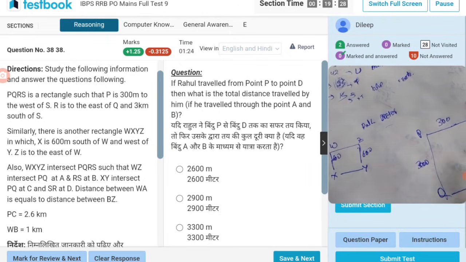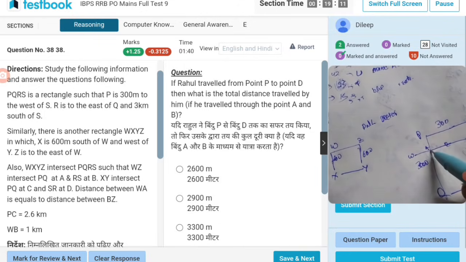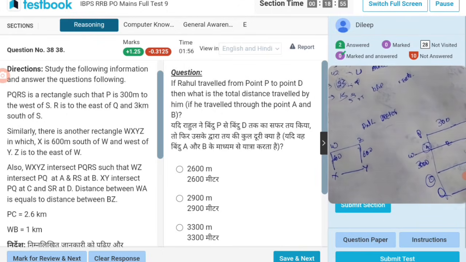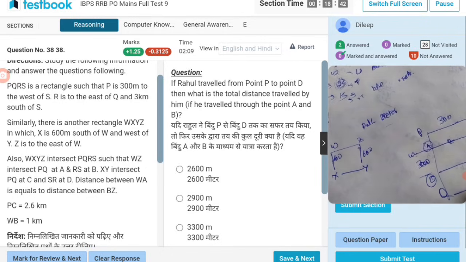WZ intersects PQ at A and RS at B. XY intersects PQ at C and RS at D. So distance between W and A is equal to B and Z. PC is 2600.